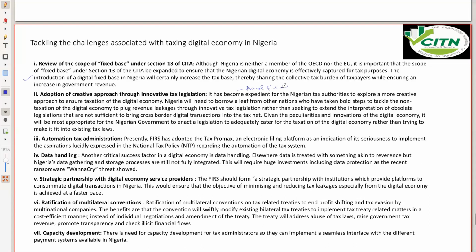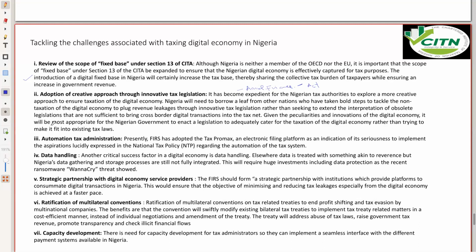One of the things the Finance Act would typically do every year is to look at the tax law and say, what are other people doing to take advantage of the volume of transactions and income generated from the digital space? Then we try to make some changes in our laws on an annual basis, taking a cue from other countries, that would help us generate more from the digital economy.